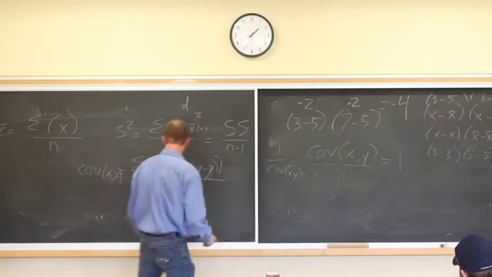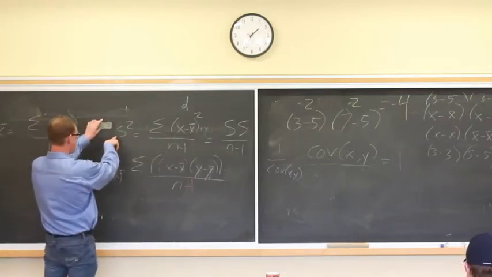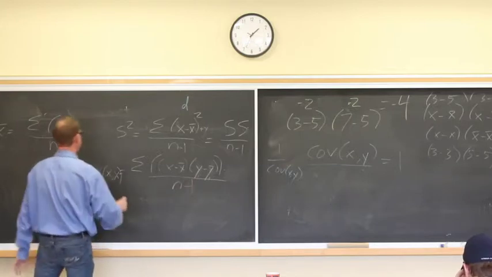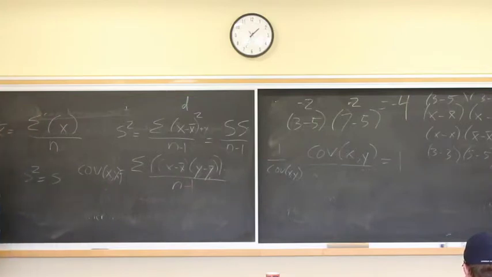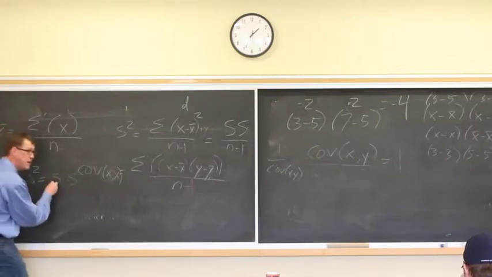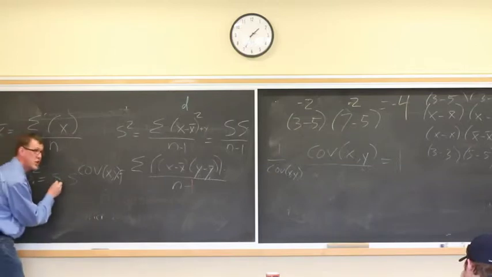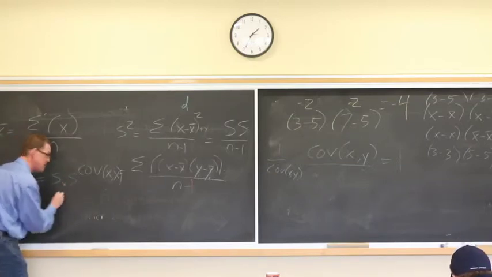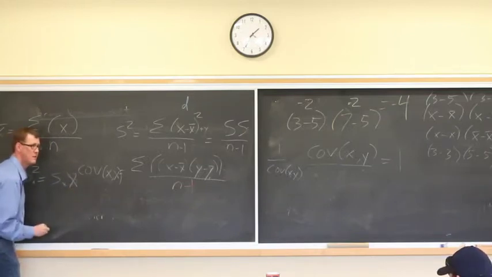So let's look at this formula a little bit differently. Okay. So this is s squared, right? So we can write this differently. So s squared is equal to s times s. If we're talking about variance of x, the variance of x is equal to the standard deviation of x times the standard deviation of x.